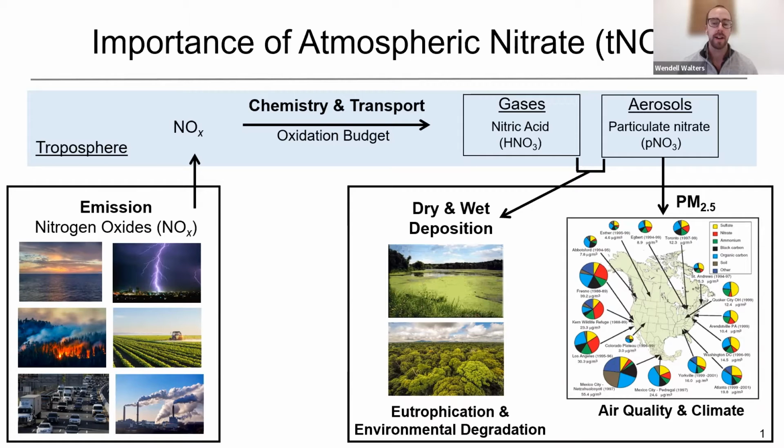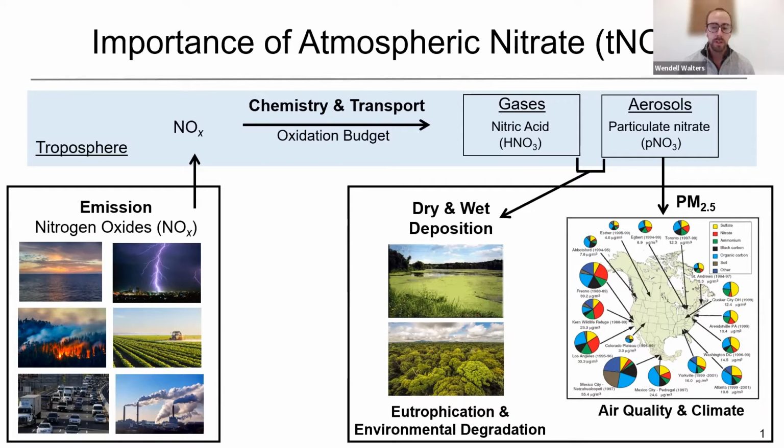Both nitric acid and particulate nitrate can undergo dry and wet deposition, leading to environmental consequences such as eutrophication. Further, particulate nitrate represents an important component of fine particulate matter across the United States, with implications for air quality and climate. Over the past few decades, we have significantly reduced our nitrate-related deposition, but there's still more work that needs to be done.